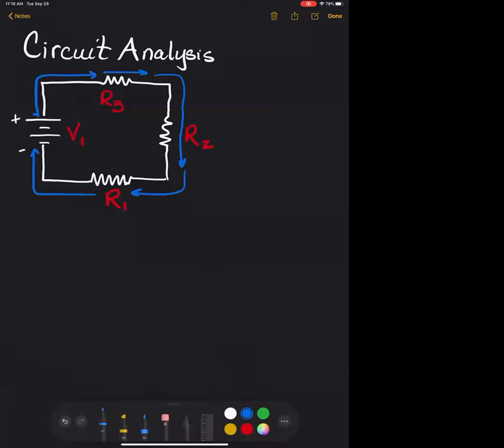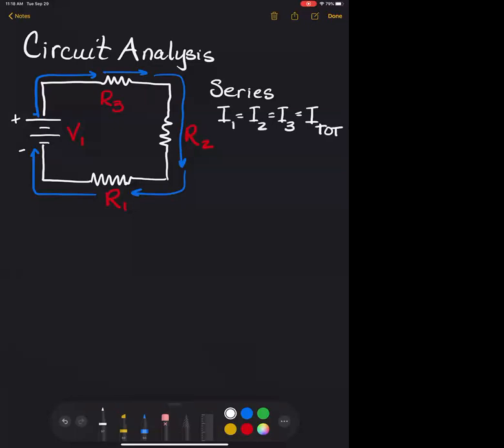So if there's only one way to go around the circuit, one way in and one way out, we say that that's a series circuit. If you remember, in series, everything gets the same current. So the current through resistor 1 is the same as the current through resistors 2 and 3, and that's the same as the total current through the battery.